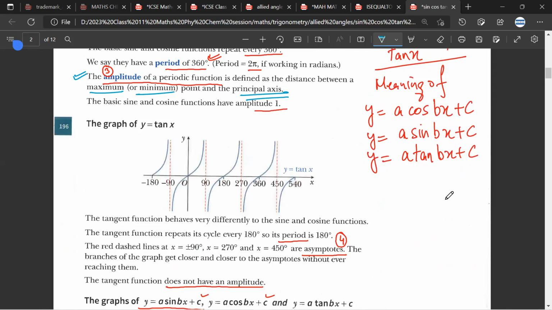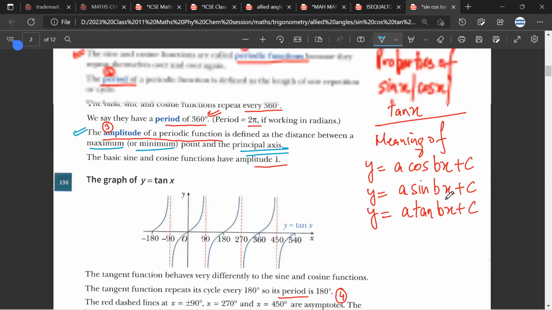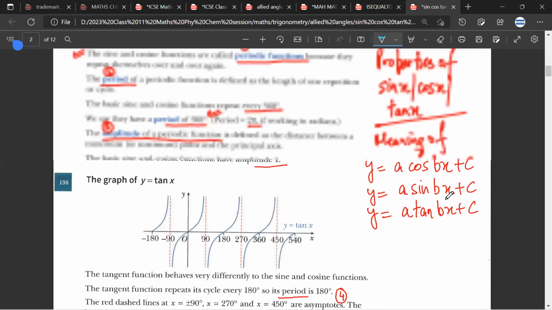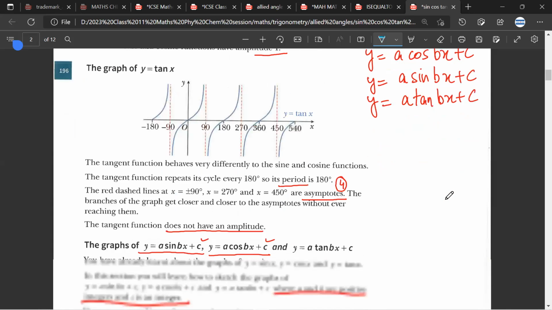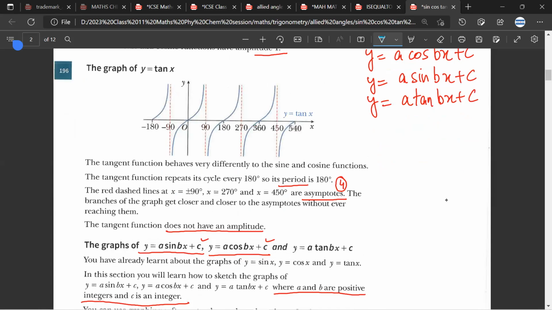Now, sine and cos, because they look almost the same, they have been grouped in one. And now we'll talk about the tan function. The tan function behaves very differently than sine and cosine. A tan function repeats every 180 degrees. So the periodicity of the tan function, if you see, is that it repeats after every 180 degrees.